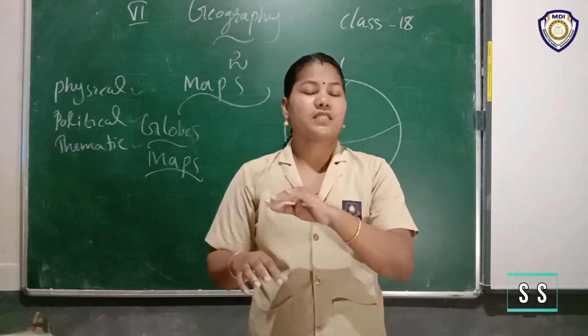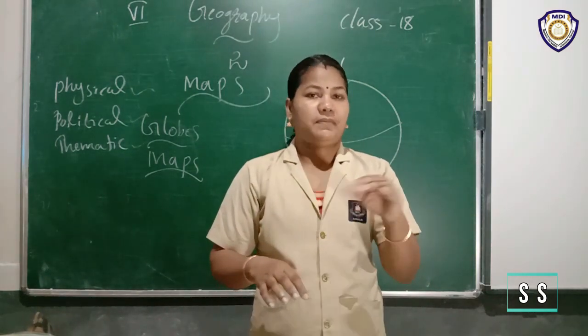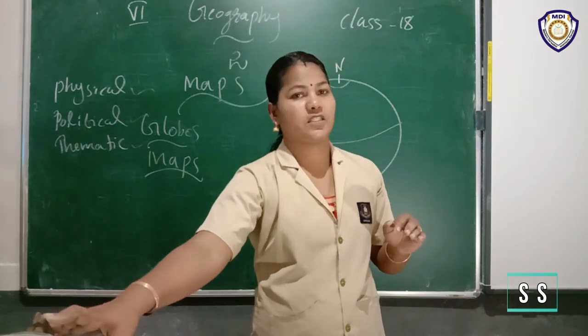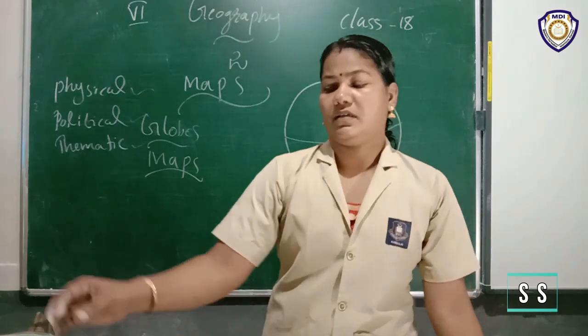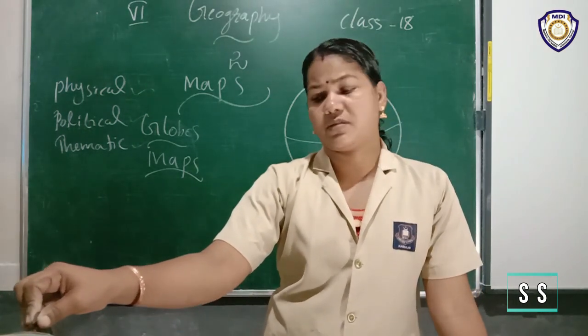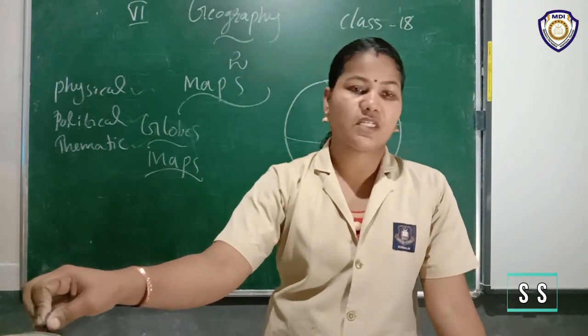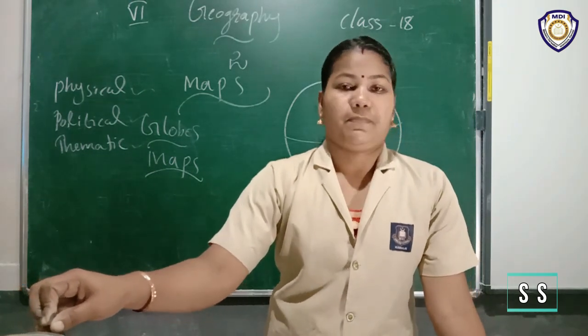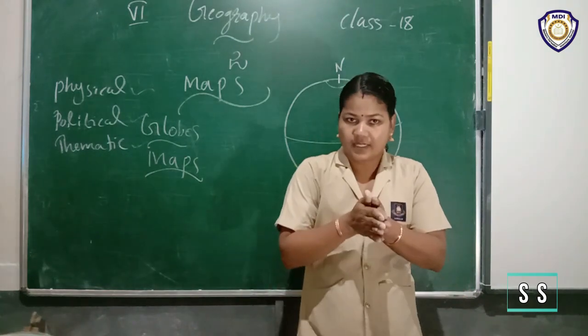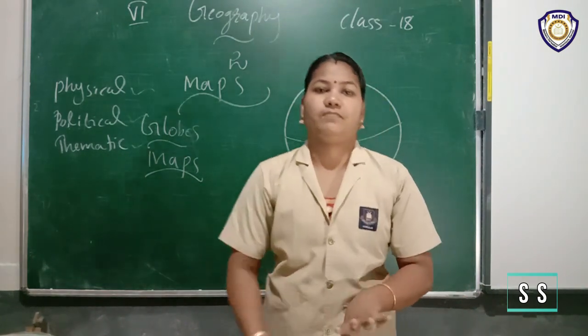A graphical representation on paper is the map. But a globe is a small model of the earth, a spherical shape. It is not possible to carry it always because there is some difficulty. That's why most of the time we use a map, because it can be folded, it can be rolled, etc.